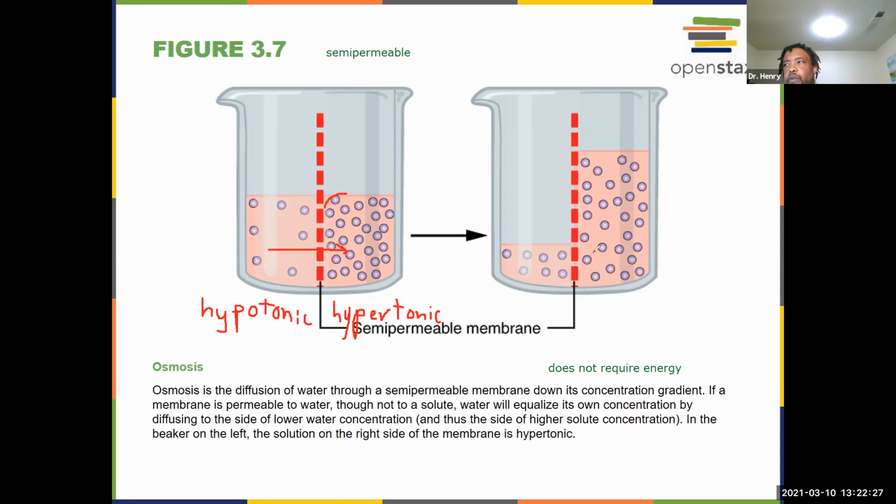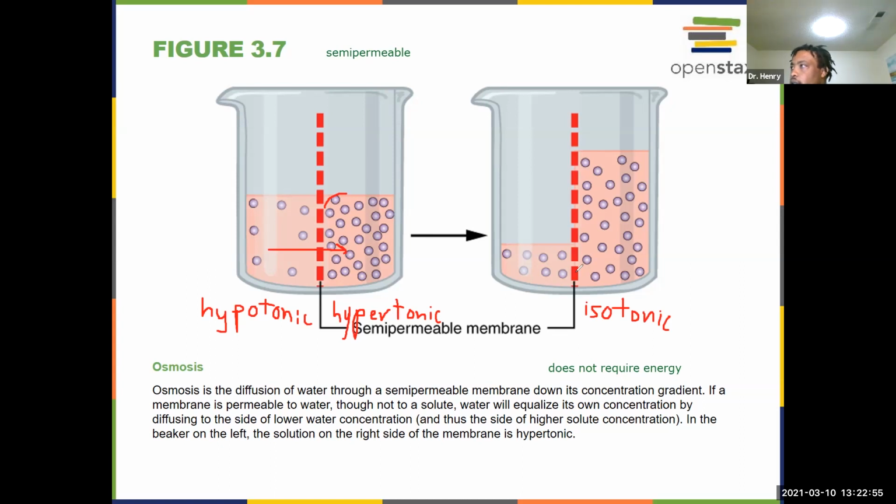So a lot of the water will come over here until you have the equivalent concentration on both sides. In that case, this would be called isotonic, meaning that on both sides of the membrane, they're the same concentration. Okay?